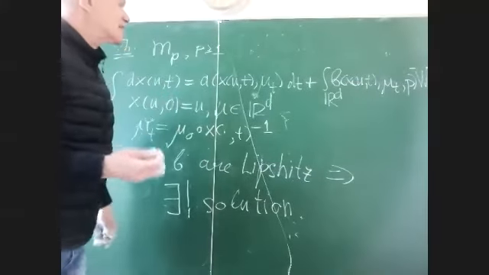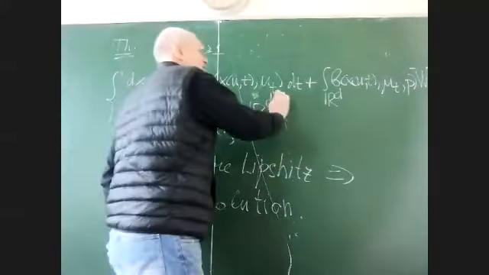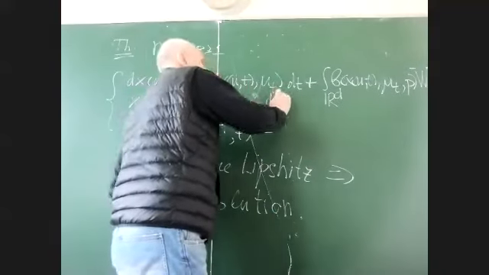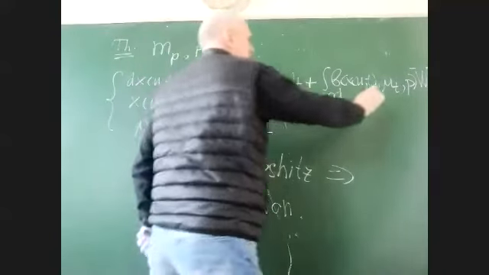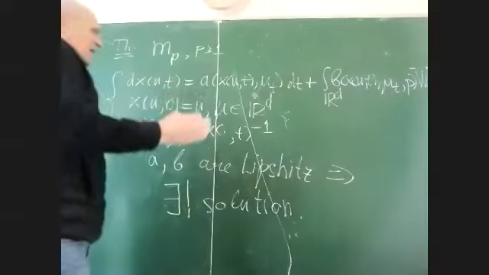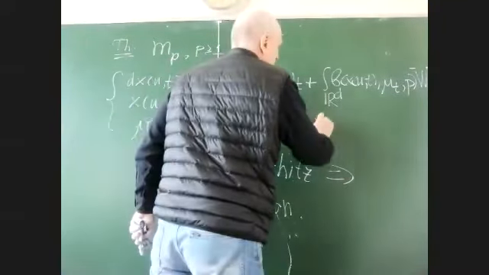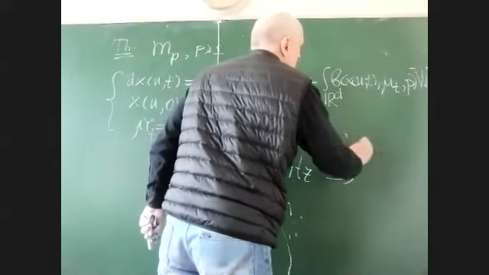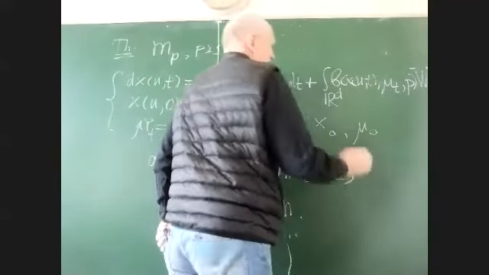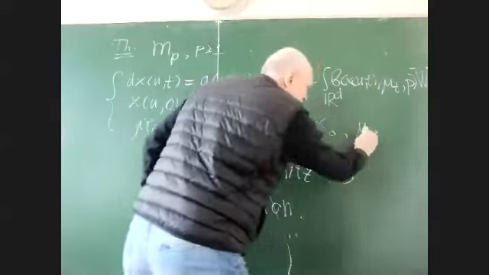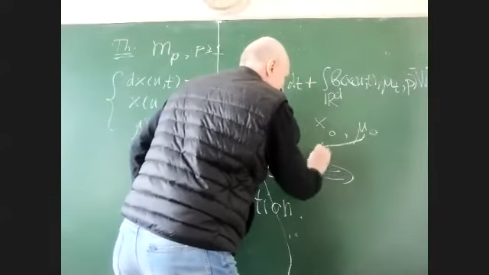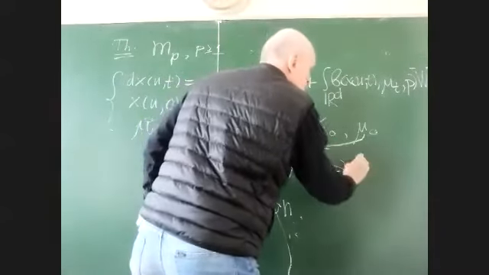Because we have here the additional coordinate mu. So we define x0 and mu0. Then using mu0 we define x1 and mu1.